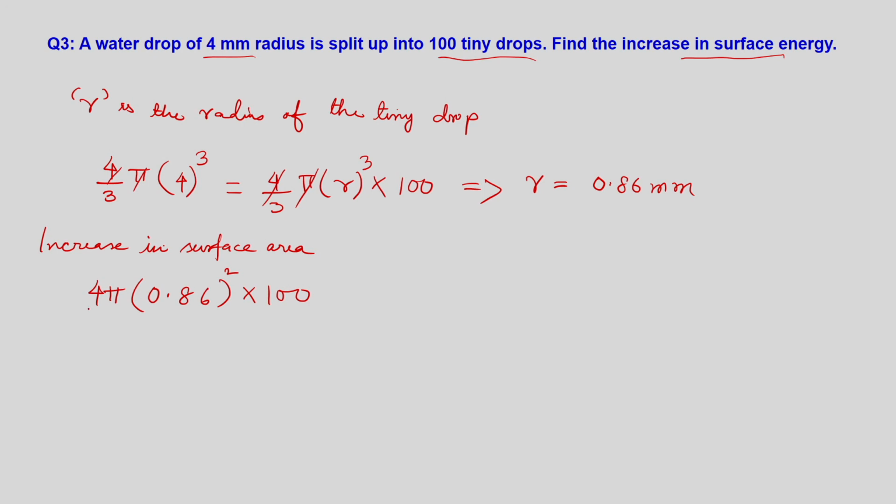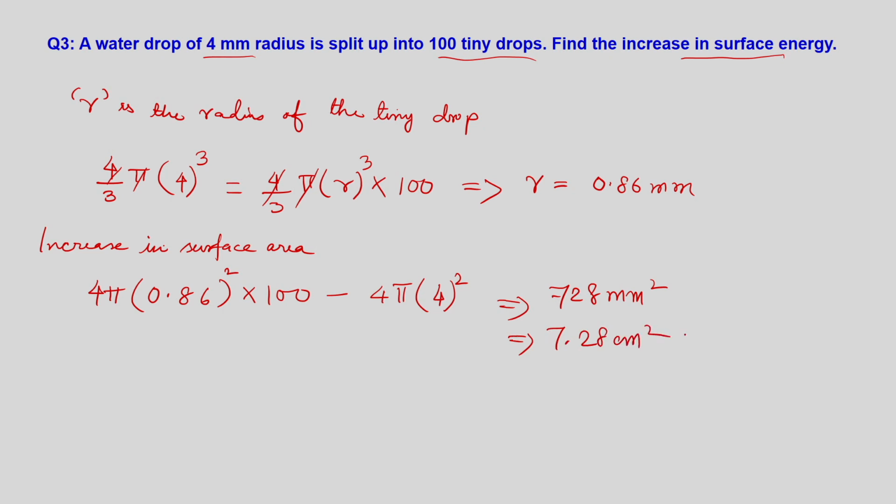So, total surface area of 100 droplets minus 4 pi into the original area. So, the difference will give us close to around 728 millimeter square, which is equal to, if you convert to centimeter square, 7.28 centimeter square.